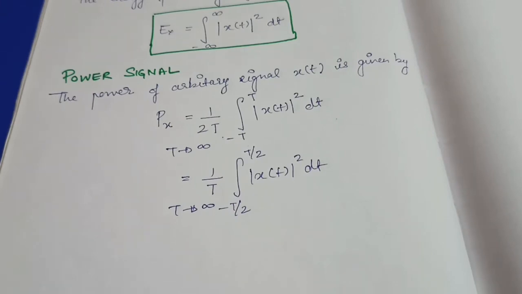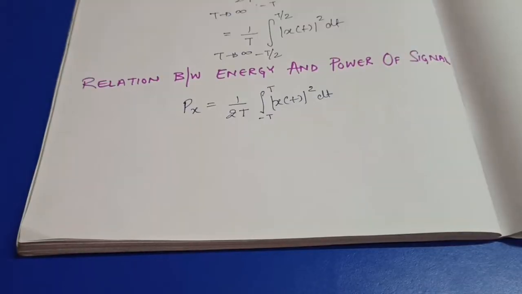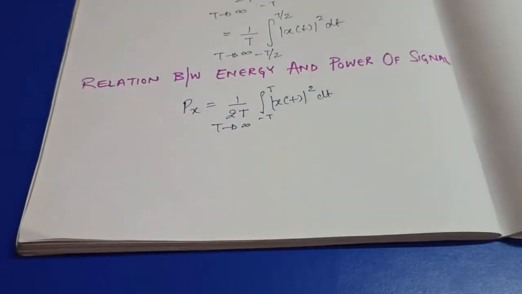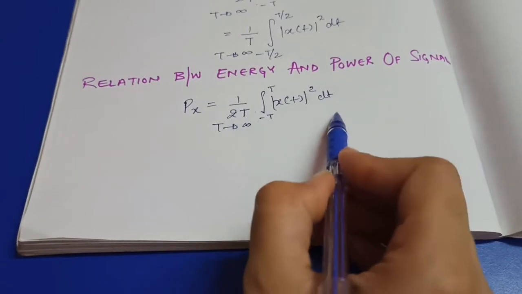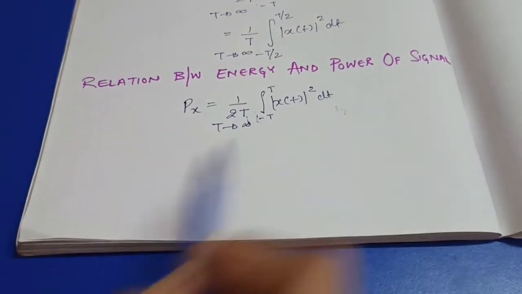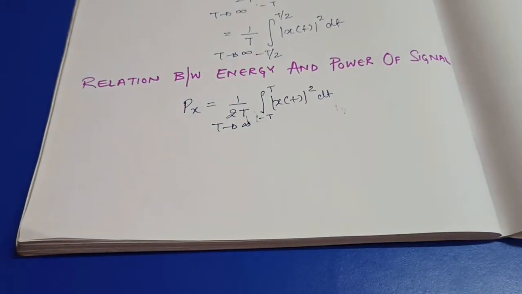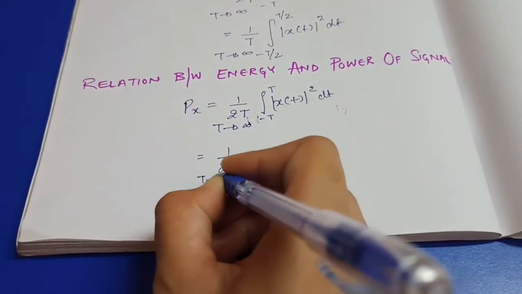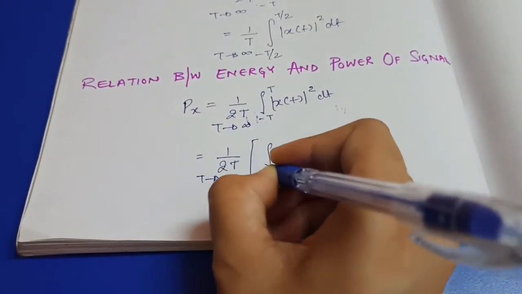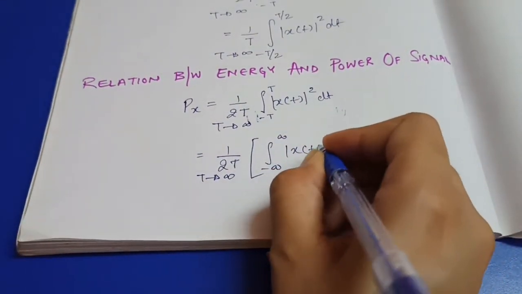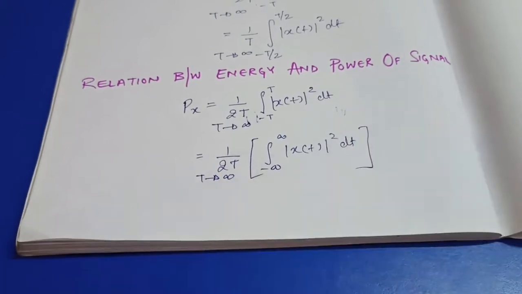Now let's find out the relationship between energy and power of the signal. So this is the formula for power of the signal. Consider this integration term, right? If the limits of the signal approach infinity, then the limits have changed from minus infinity to infinity, right?